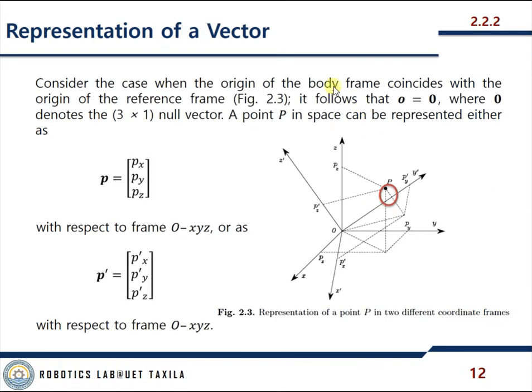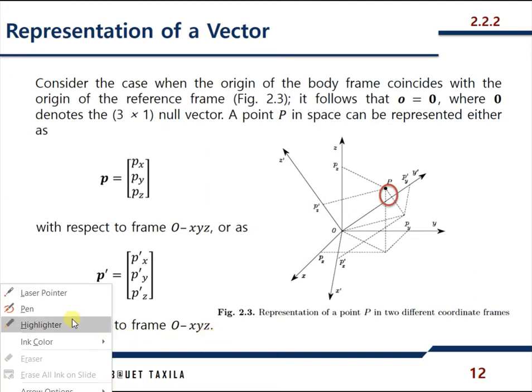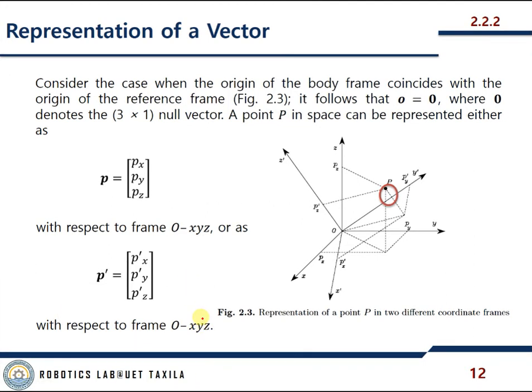Now, representation of a vector. Consider the case when the origin of the body frame coincides with the origin of the reference frame. So you're rotating like this and the origin is matched. Then a point P in space can be represented either this way or this way. So with respect to O x bar, y bar, z bar, it is like this one.